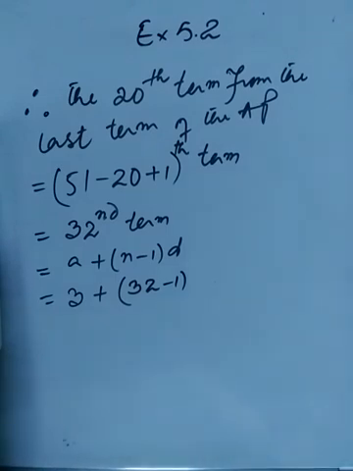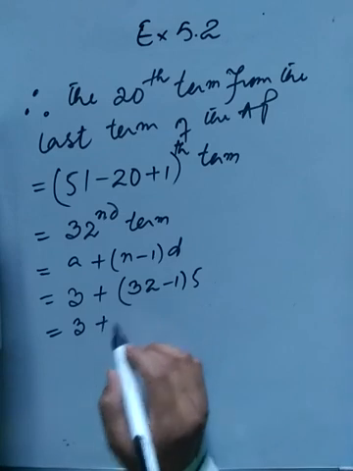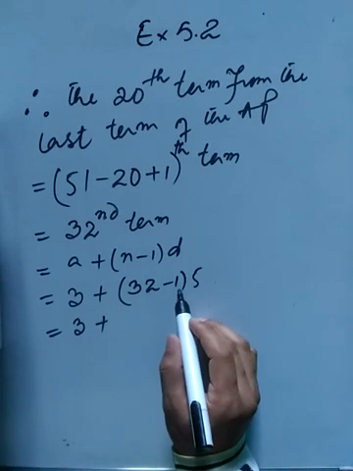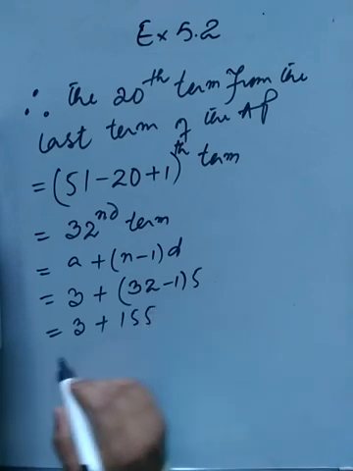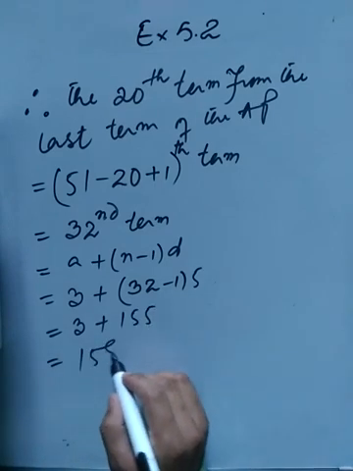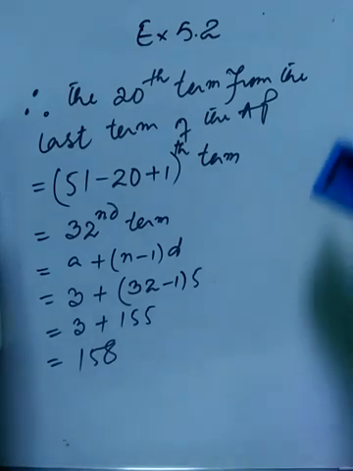What is the value of d? We have 5. So 3 plus 32 minus 1, we get 31. 31 into 5 is 155. So we get 158. That means the 20th term from the last term is 158. Okay, so I hope you're clear with the concept now.